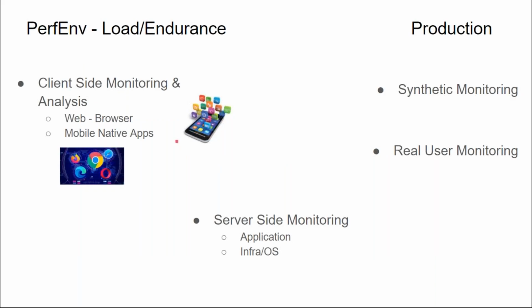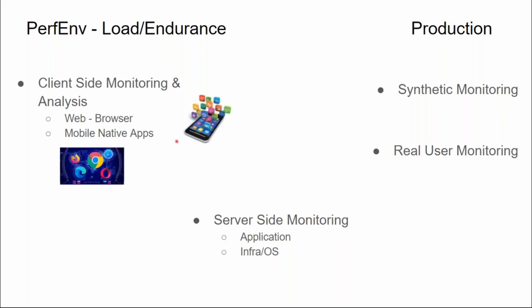So in the crash course, what are we going to cover? As I said, we have been doing all this load testing and scripting, but now more from the monitoring side. We used to do load testing or performance testing in the performance environment. There are two environments: one is the performance environment, and the second is the production environment.